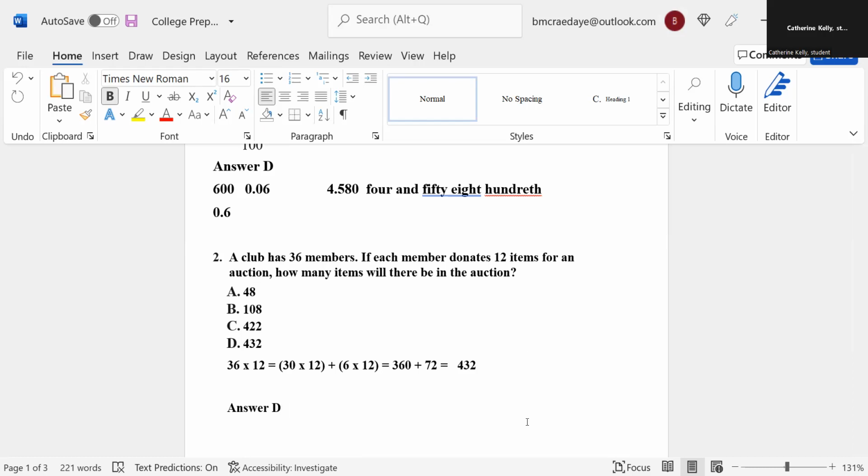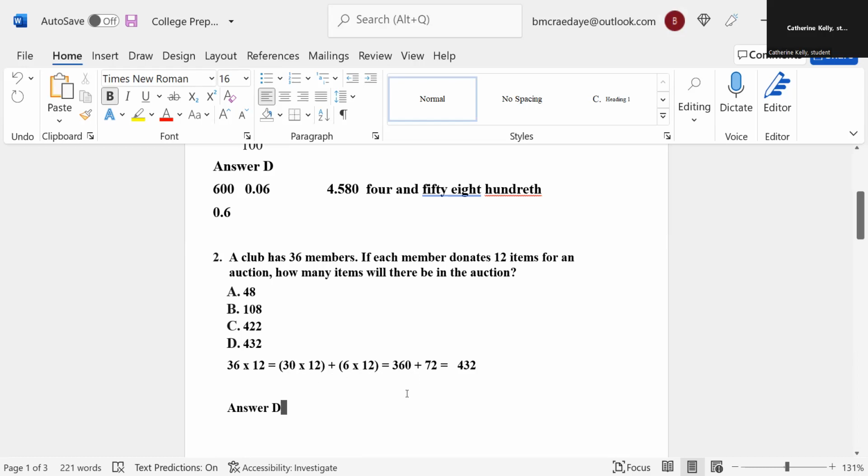Now, as I said, you could make your work easier, Catherine, when you can break something down where you have a zero. Because if you make 36 into 30 and 6, 30 times 12, you just bring down the zero and multiply 3 by the 12. That's how you get 360. And then 6 times 12 is part of your timetables that you should really know.